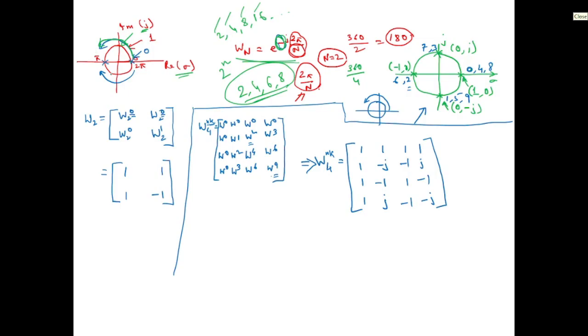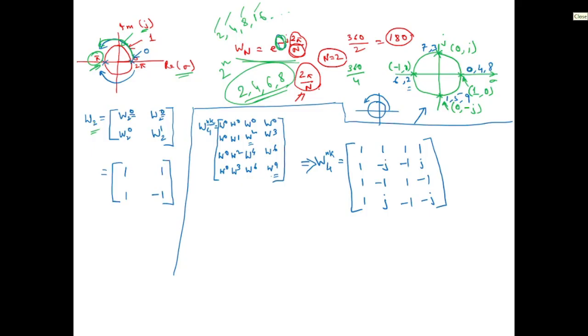So when we are talking about 2-point DFT, and if you consider this unit circle, 2-point means the first point should always be at 0. So where should be the second point? Second point should be at pi. And we know that we have to move in the clockwise direction.